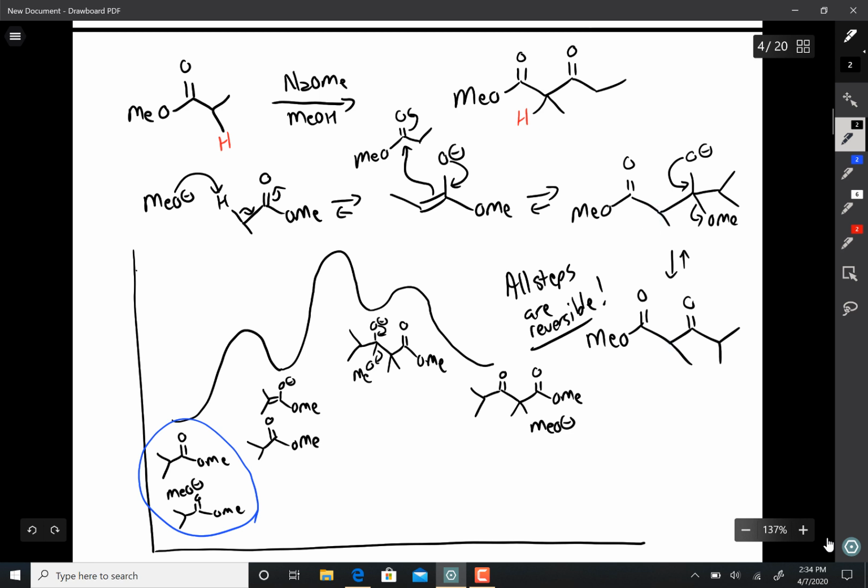That carbon, that carbon. So that's cheating just a little bit.